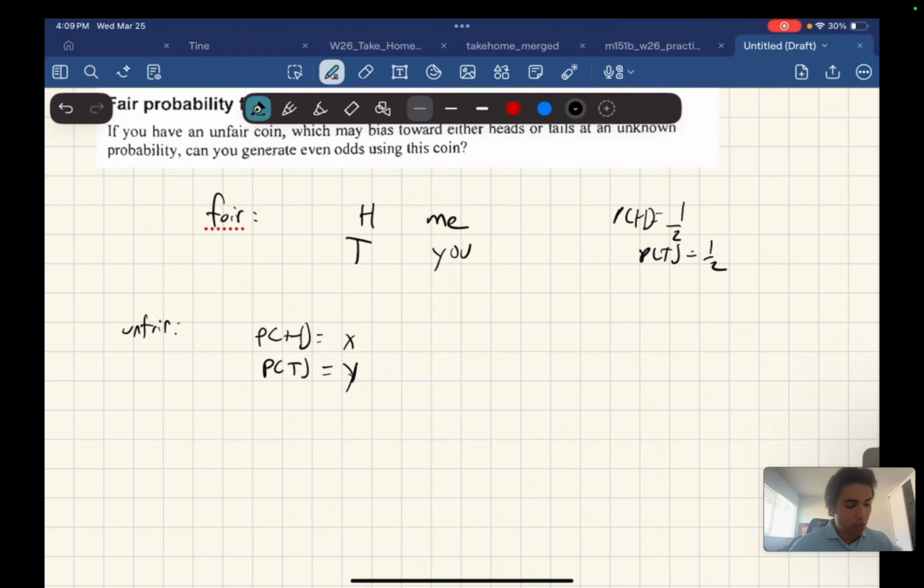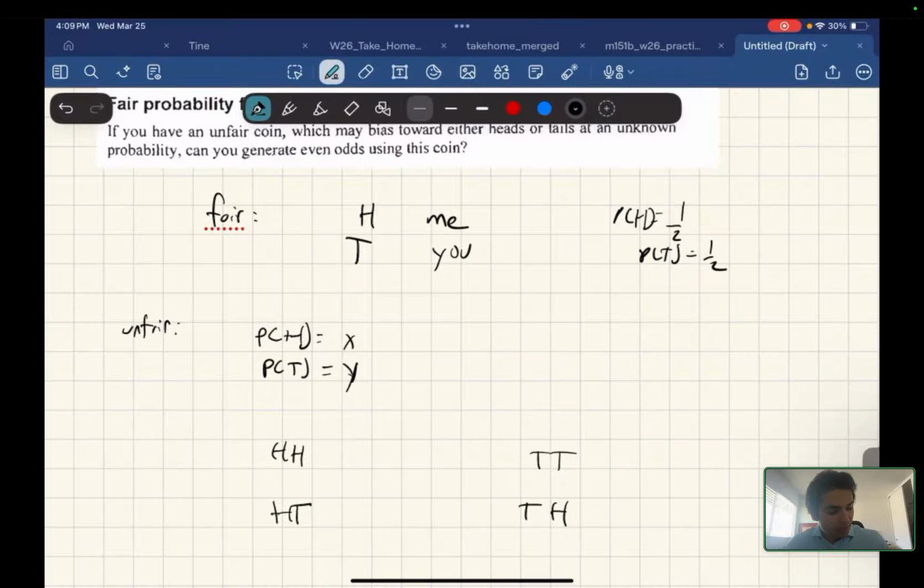We don't know. So we can do a two flip sequence. What could happen with two flips? It could be heads, heads, or tails, tails, or heads, tails, or tails, heads.